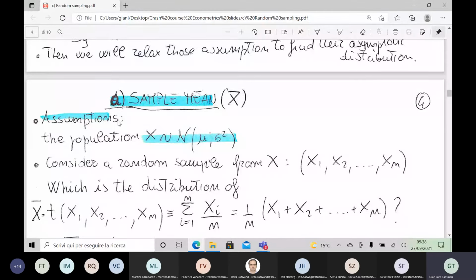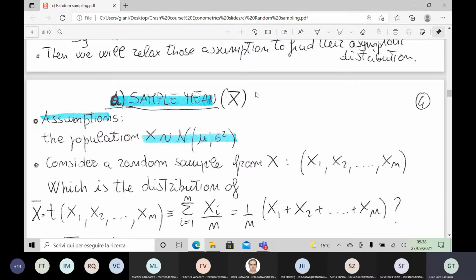We made the following assumption. We want to find now the distribution of capital X bar. The assumption is the following. The population described by the random variable X follows a normal distribution with mean mu and variance sigma square. Under this assumption, we want to find the so-called sampling distribution of capital X bar. Capital X bar is the sample mean.